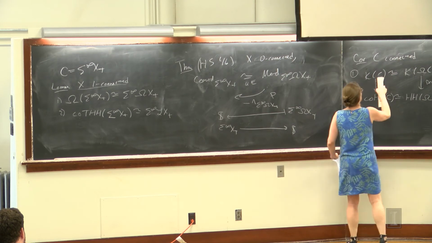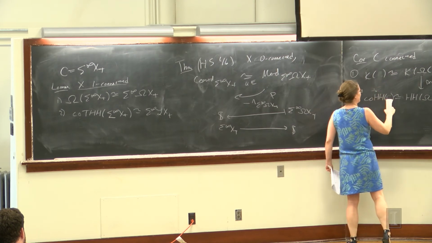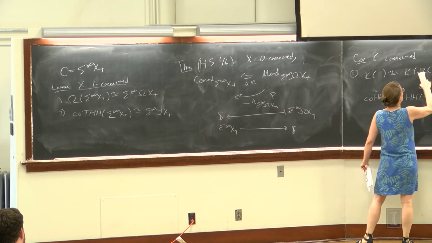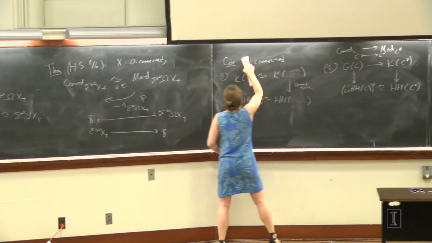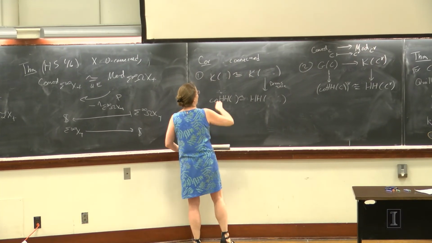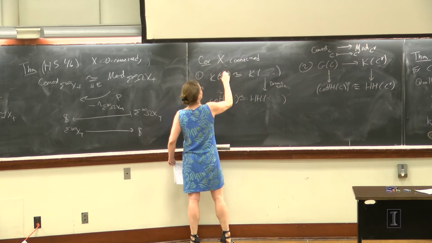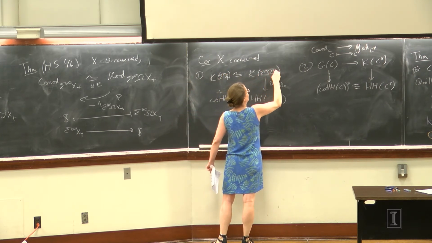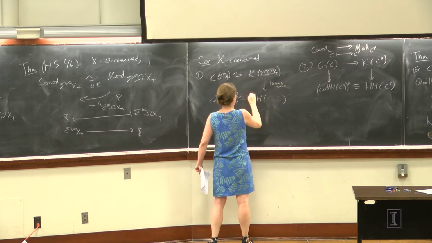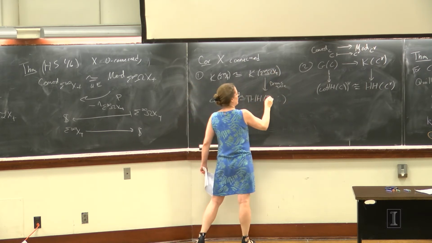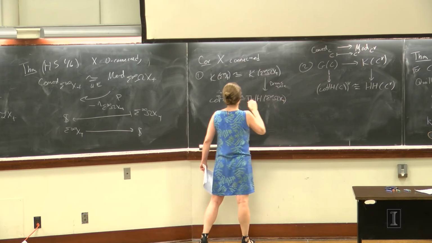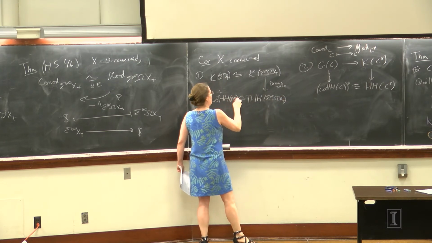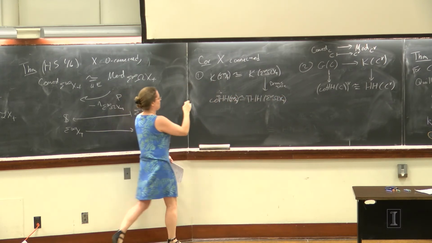So it's time for me to do the bad thing and just fill in what should be here. So as a corollary, for X connected, one gets the result that one would have expected here. And we put some t's. So we can get, again, a trace map.